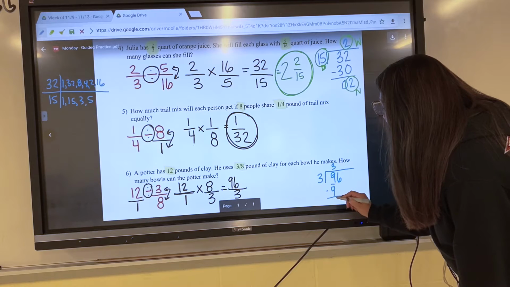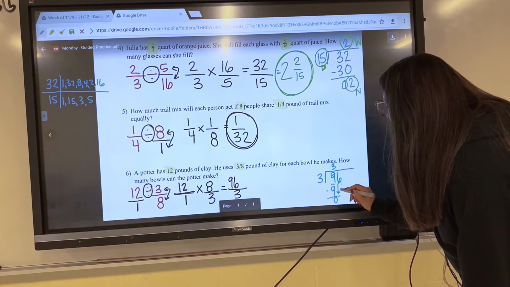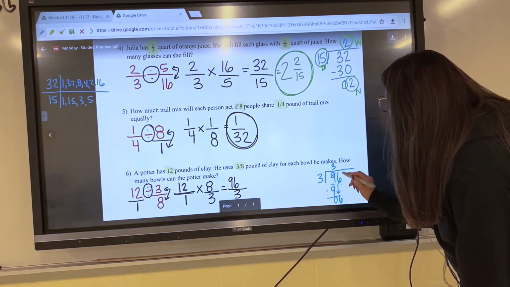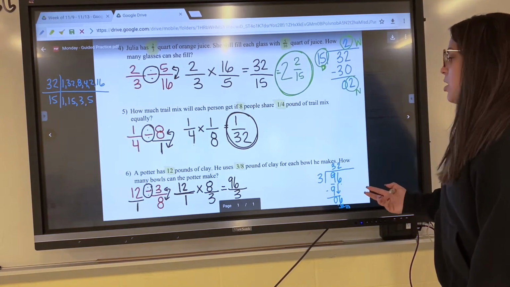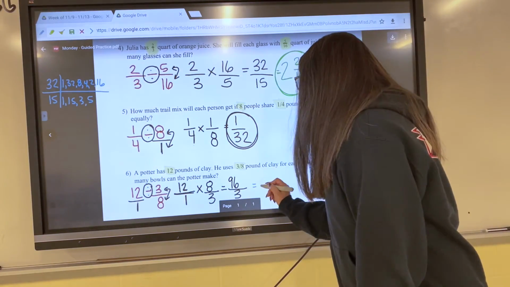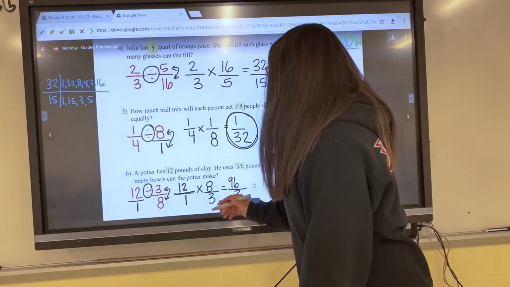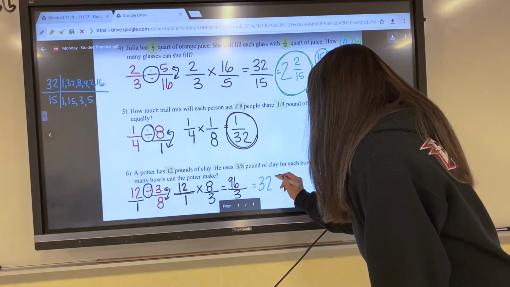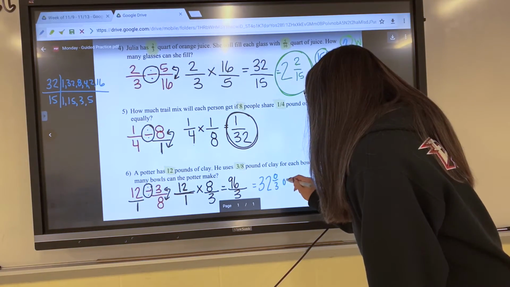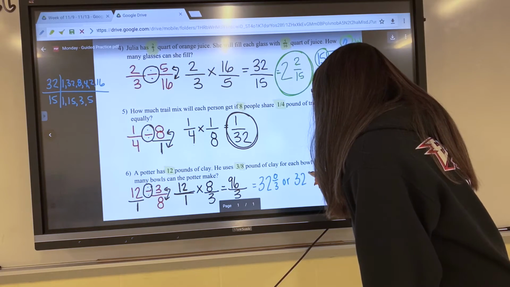I subtract, get 0. Bring down the 6. 3 can go into 6 2 times. 2 times 3 is 6. I subtract and get 0. So for this problem, our answer would be 32 and 0/3, or just 32.